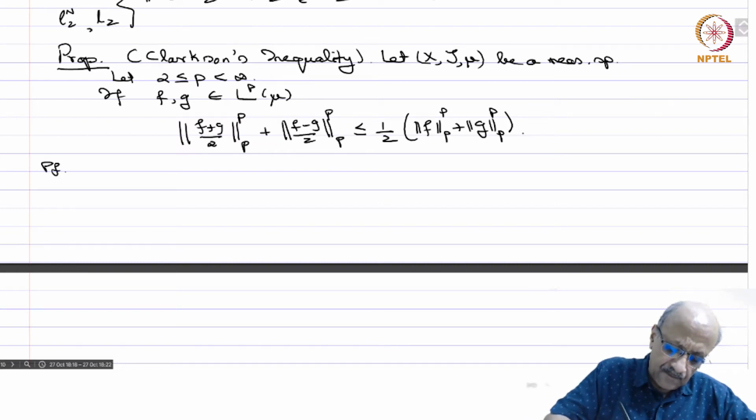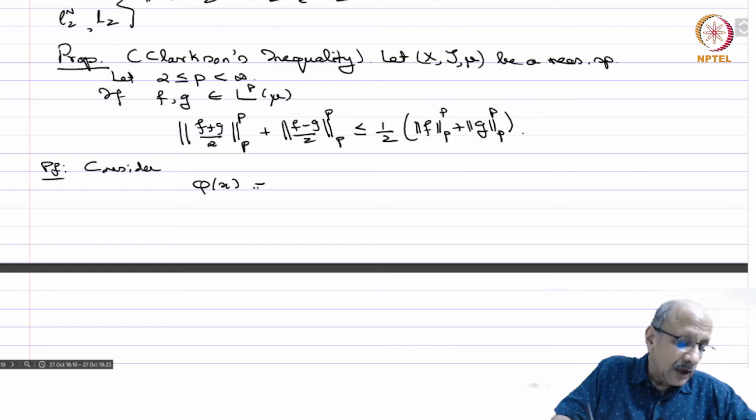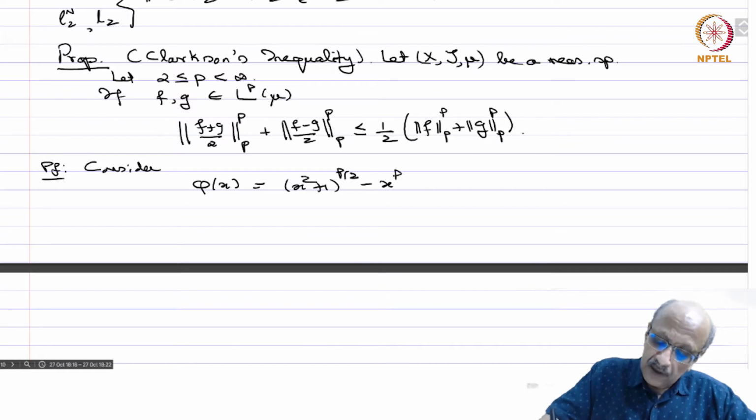So proof. Consider the function phi of x equals (x squared plus 1) to the P by 2 minus x to the P minus 1 for x greater or equal to 0.